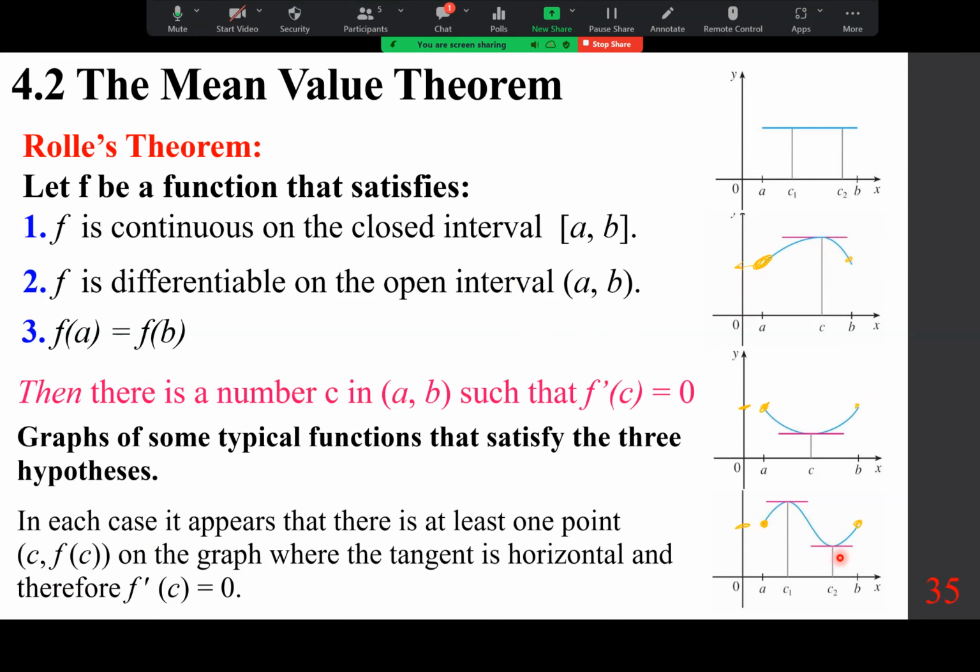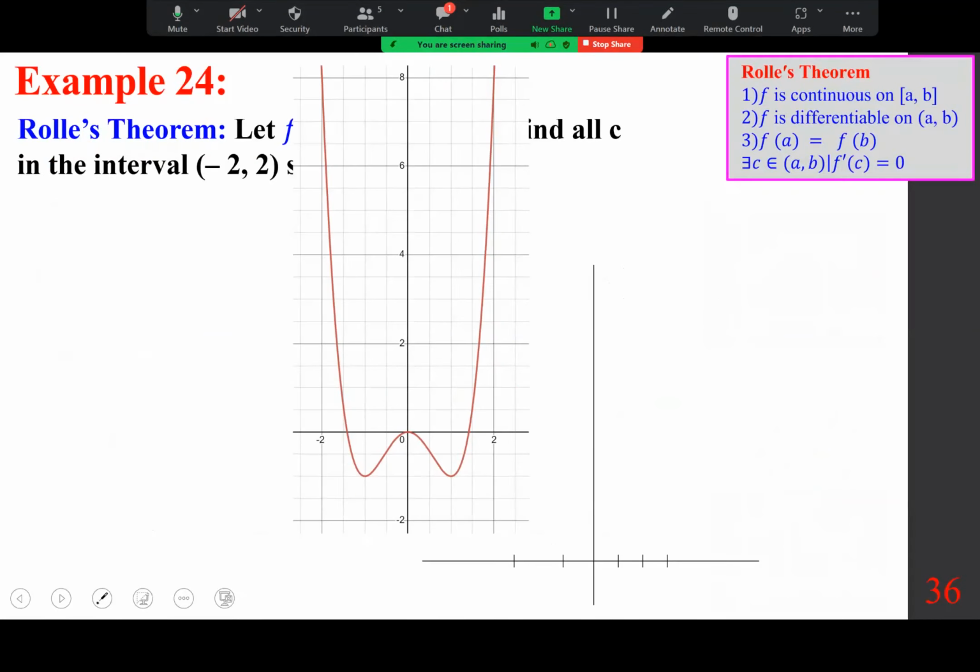That's the meaning of it. If f of a equals f of b, so if it goes up, it has to come back down at some point. If it goes down, it has to come back up in order for a and b to have the same y coordinate. Let's look at an example of that.